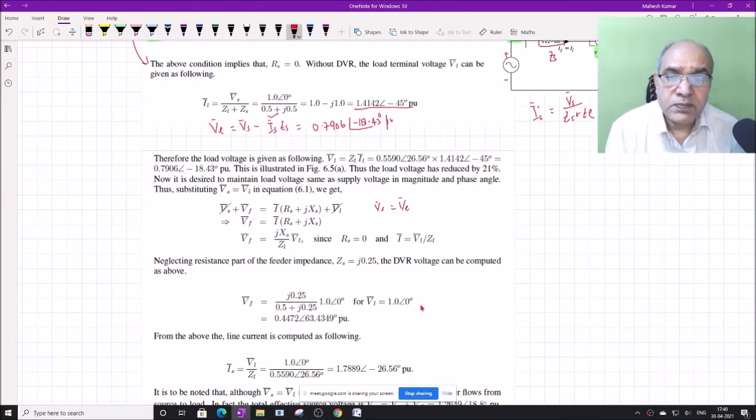So if I say BS is equal to BL, then this will go away with this, and BF is equal to I into RS plus JXS. Since RS is 0, this becomes JXS by ZL into BL.